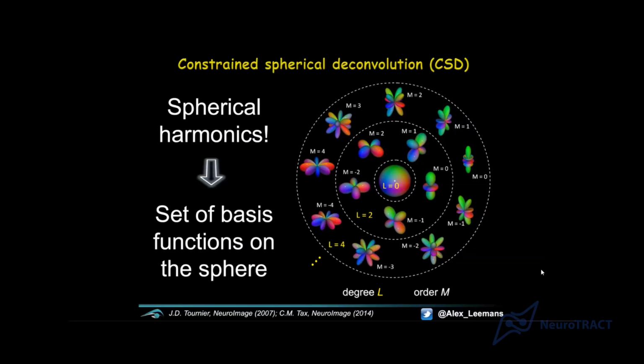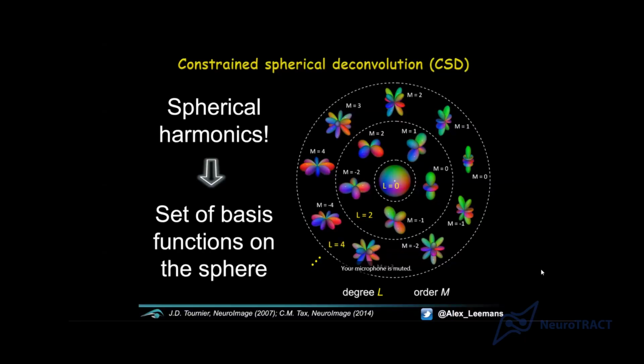The trick was that the diffusion signal that we measure, you can consider it as a convolution of a response function with orientations of fiber structure.